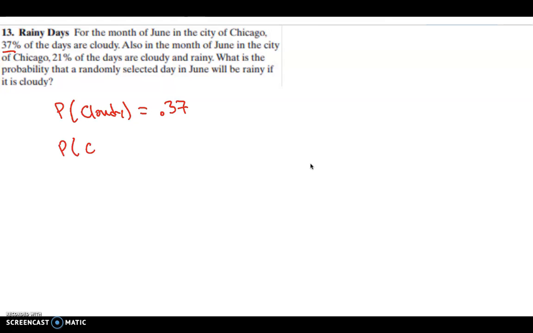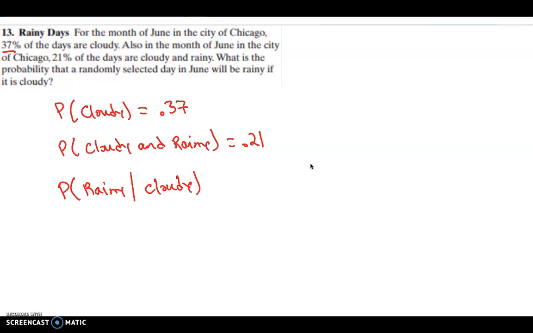So the probability that it's cloudy and rainy is 0.21, 21%. So what's the probability that a randomly selected day in June will be rainy if it is cloudy? So we want to know what's the probability that it's going to be rainy given that it's cloudy.